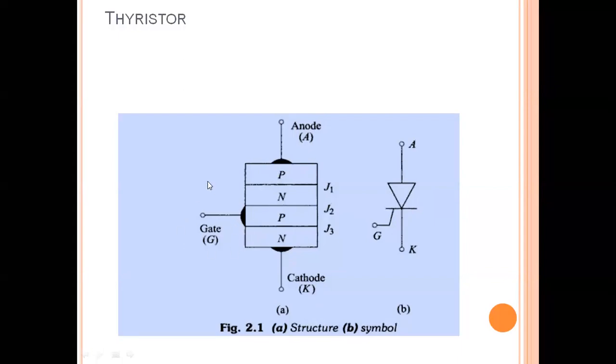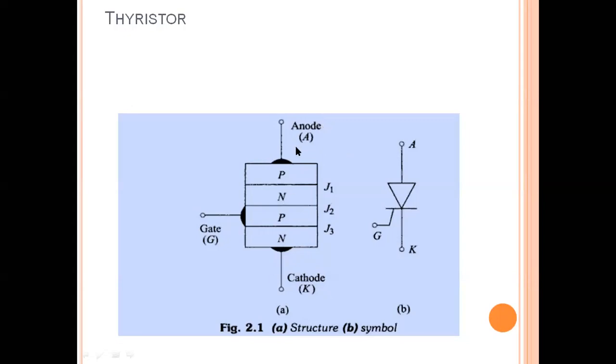The gate terminal is connected to the P layer which is nearer to the cathode. This gate terminal may also be called the gate cathode, as it is nearer to the cathode terminal. So you have 4 layers and 3 terminals: anode, cathode, and gate.